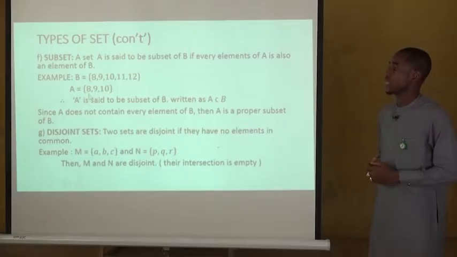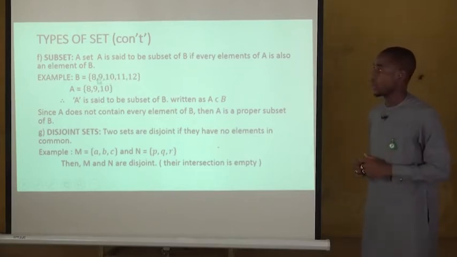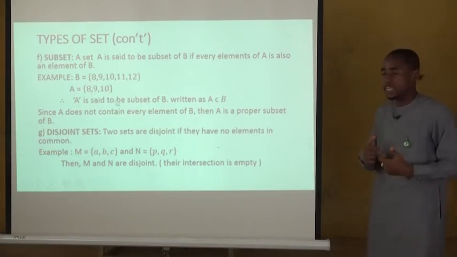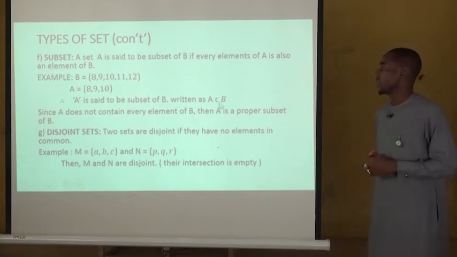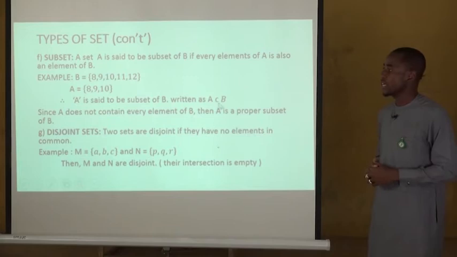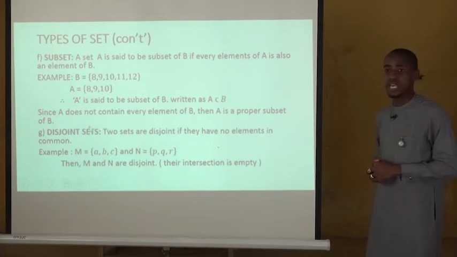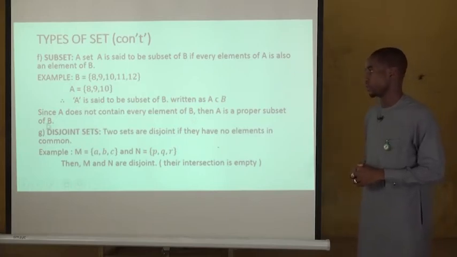If you observe, each and every element in set A is also in set B. Therefore, set A is a subset of B, and this is written as A is a subset of B. Now since A does not contain every element of B, then A is a proper subset of B.